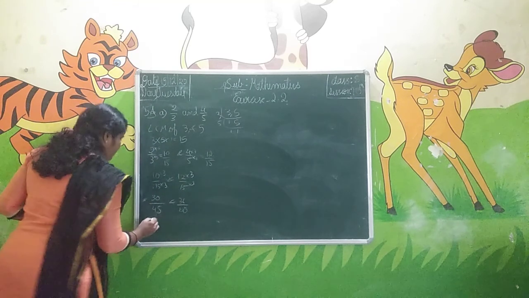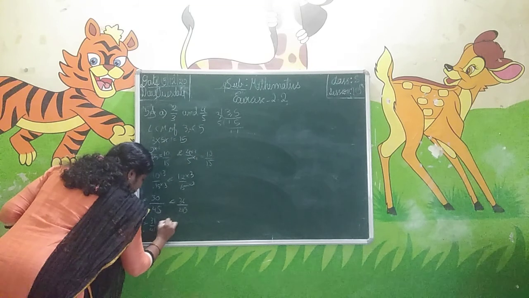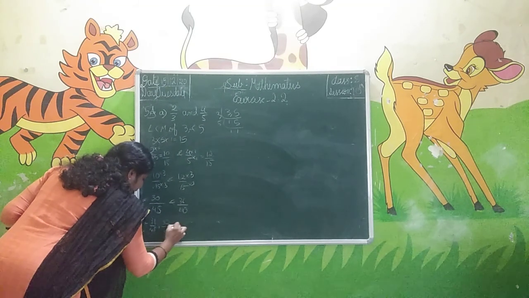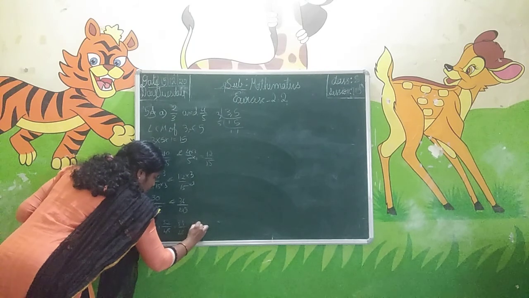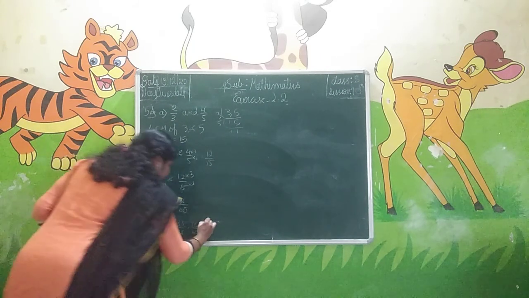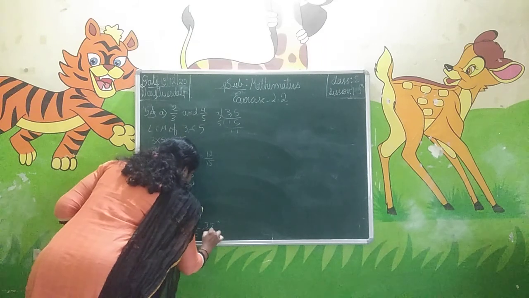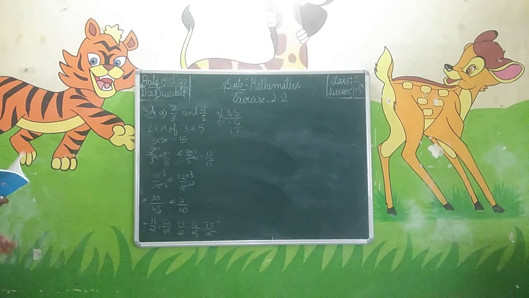The numbers between are 31 by 45, 32 by 45, 33 by 45, 34 by 45, and 35 by 45. These are the 5 rational numbers between 2 by 3 and 4 by 5.